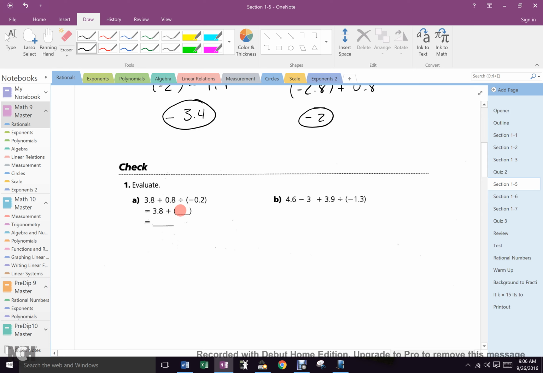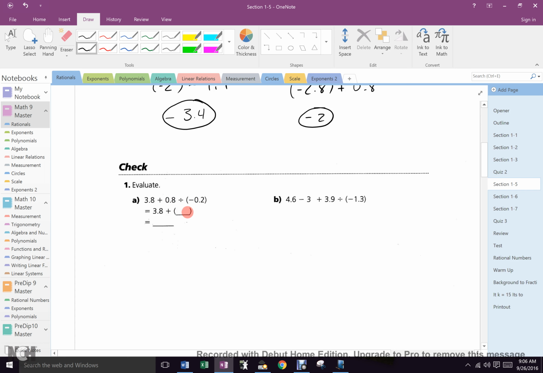All right, so what went in the blank here? 0.4 negative, right? But it's not that, is it? Because it's 0.8 divided by 0.2. So what is it? -4, right? Is it?